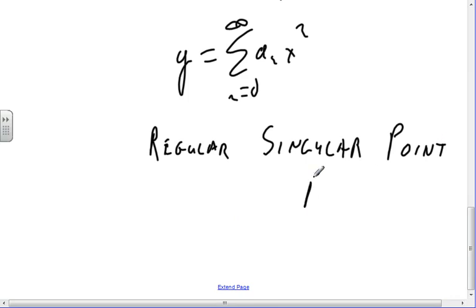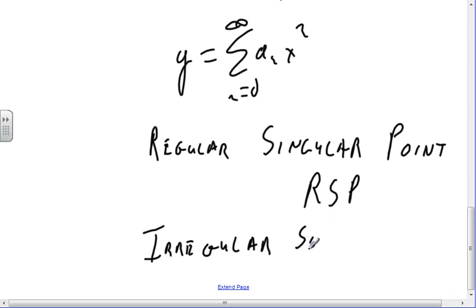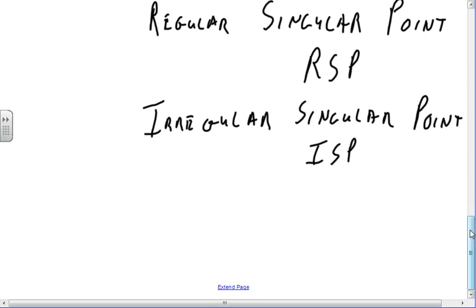From now on, we'll call it a regular singular point like that, and we'll call an irregular singular point. We'll use that abbreviation so I don't have to spell it out.